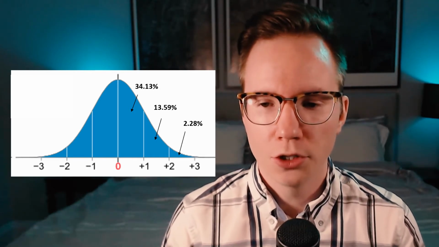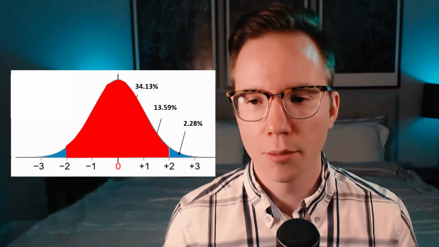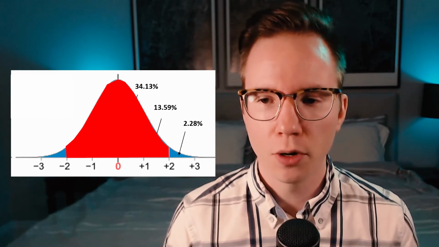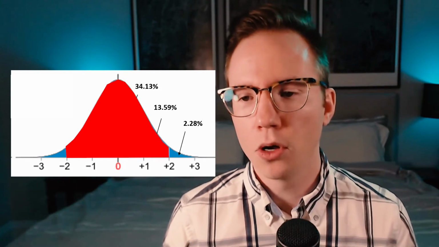And if you want to do -2 to positive 2, you would just add up those 34.13% plus 13.59% and then multiply that by 2. And based on these standard deviations, we can then calculate the probability of exceeding a specific value.